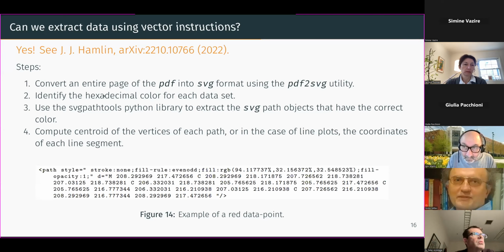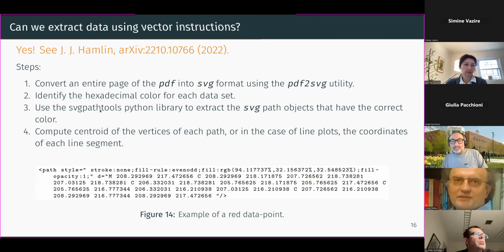Then you can look at the plot and use a color picker, or another program that's quite useful, Inkscape. You can figure out what the color is of the particular kind of data point that you're interested in.